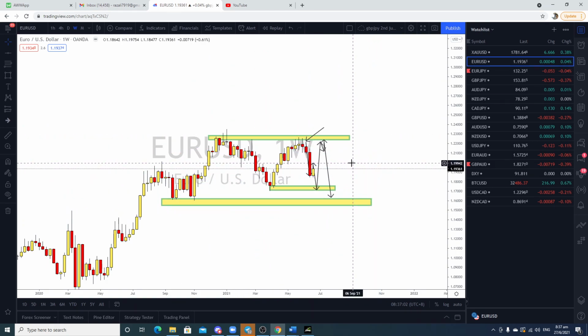So it's still a bit unclear in this case. Where is price now? Price is in the middle, so it's a bit unclear for us to look for.